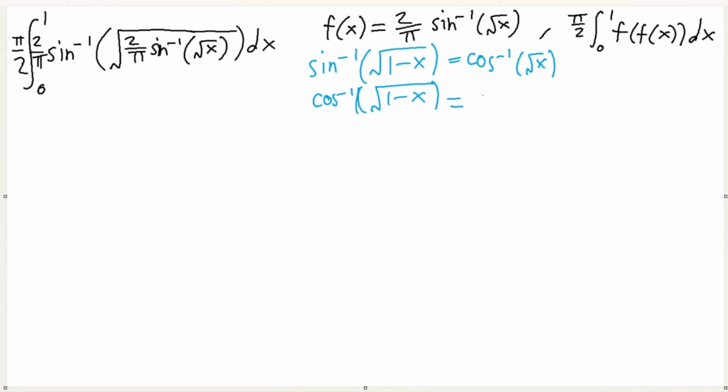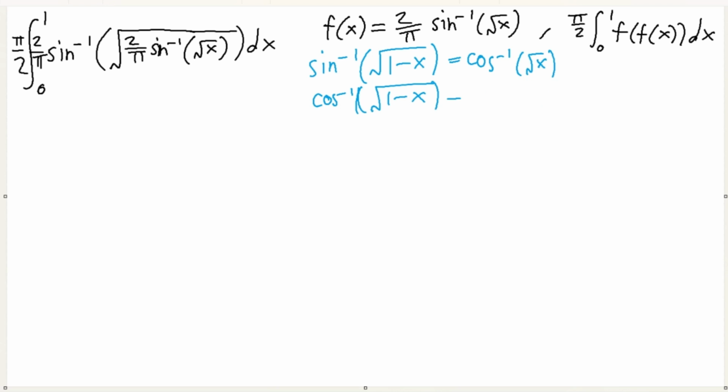Now this is equal to inverse sine of the square root of x. Now, of course, this only works for x between 0 and 1. So, of course, this is only true for x between 0 and 1.